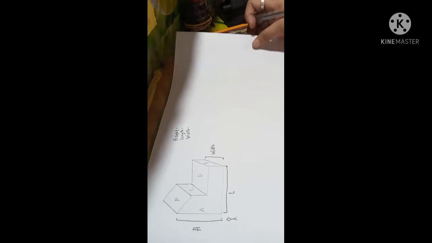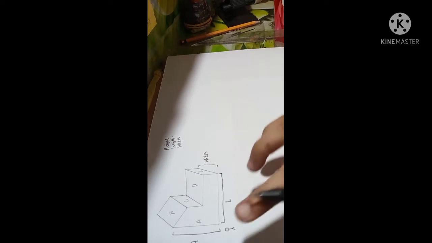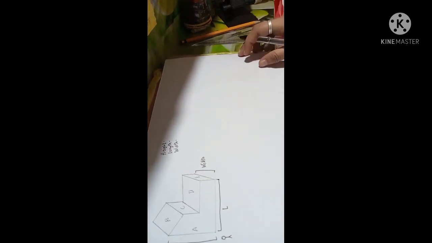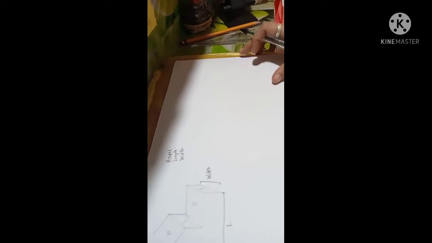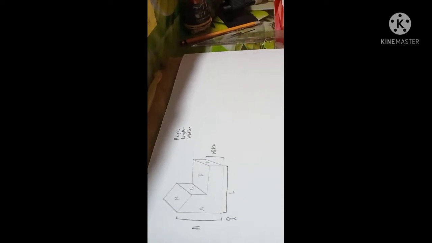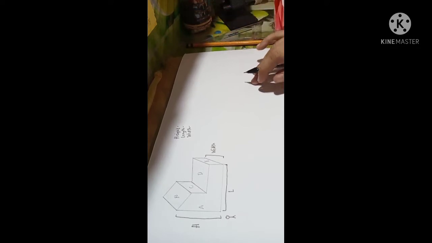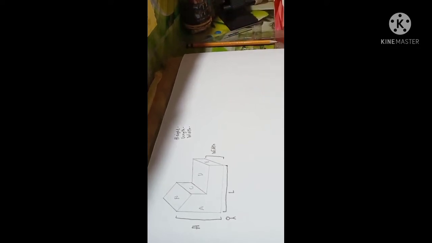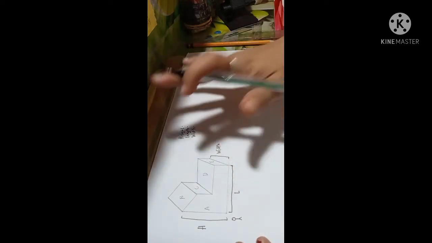So imagine you are here. You can't identify your isometric if you don't know how to imagine. So for example, this is the given problem.